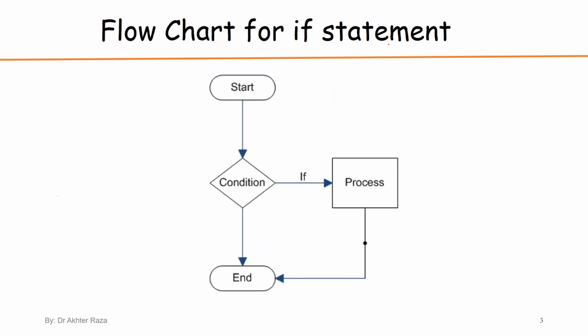In the flowchart of the if statement, the diamond box is used for the condition to be checked, and a rectangle is used for the statements. If the condition is true, then control will come here, these statements will be performed, and then it goes to the end. The end means the next statement, where the conditional logic is finished.